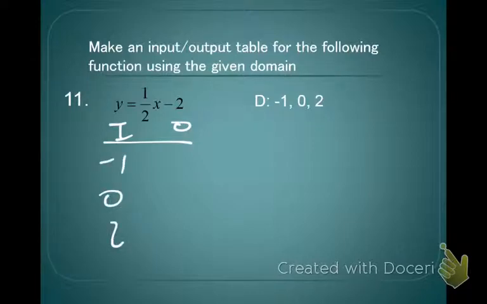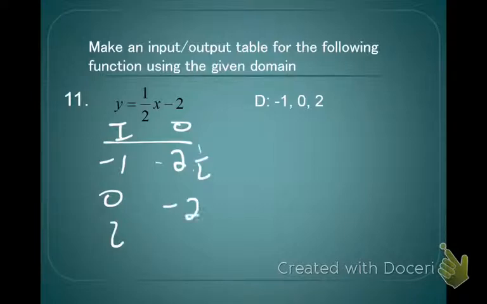Okay. Inputs of negative 1, 0, and 2 for number 11 should give us outputs of what, Ireland? Oh, you guys didn't do 11? Braden, help her out. Negative 2.5, negative 2, and negative 1.